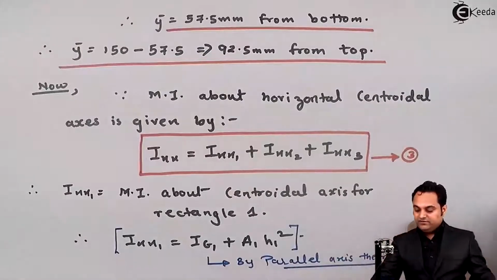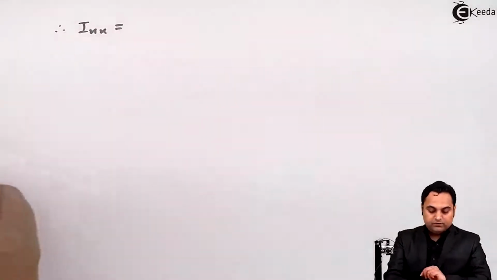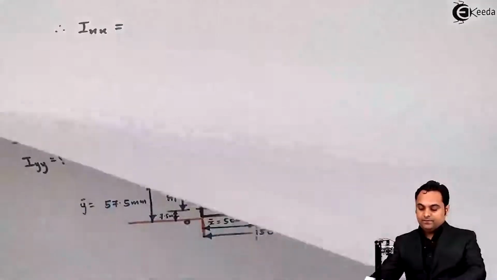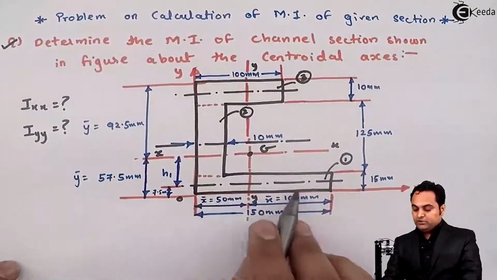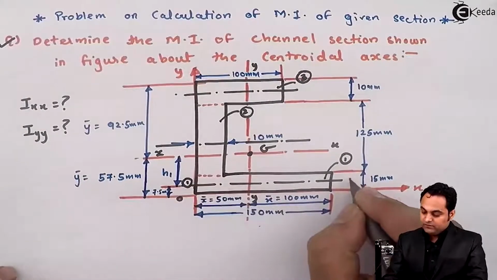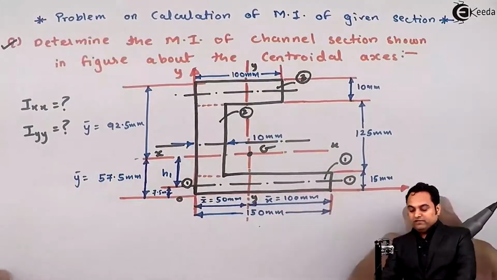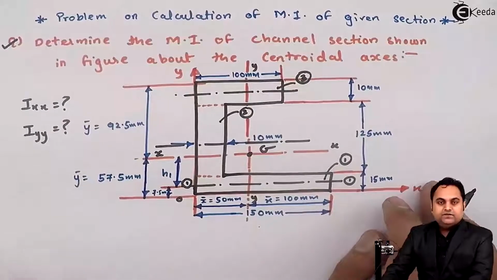What is Ig1? Ig1 is the moment of inertia for rectangle number 1 about its own axis, which is here. I'll call it axis 1-1. About this 1-1 axis, the moment of inertia would be called Ig1.